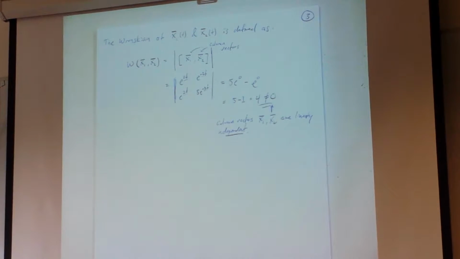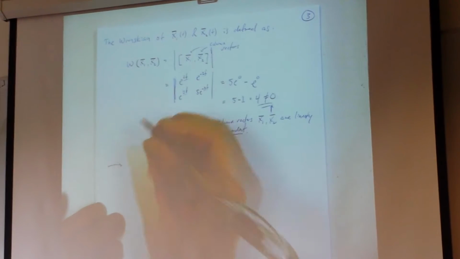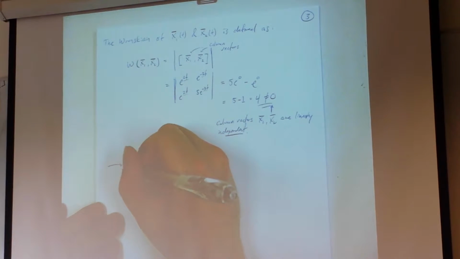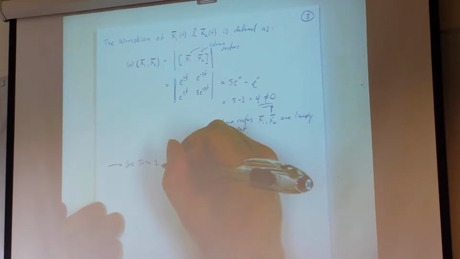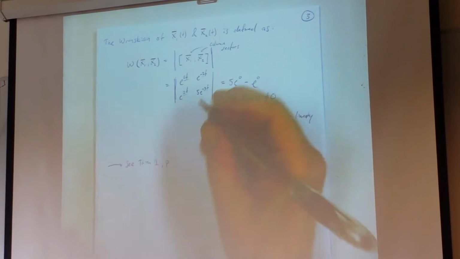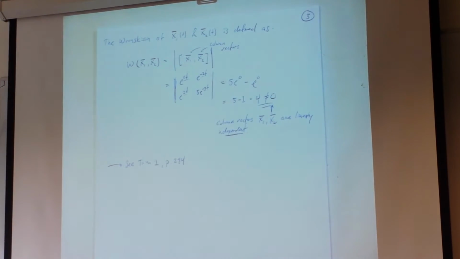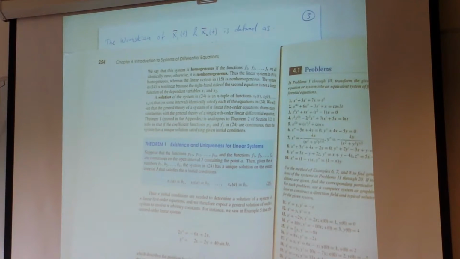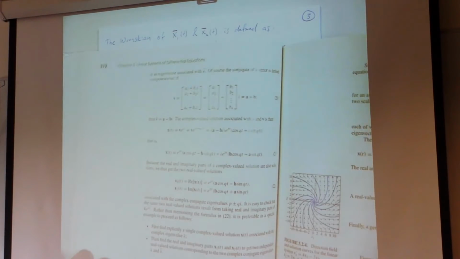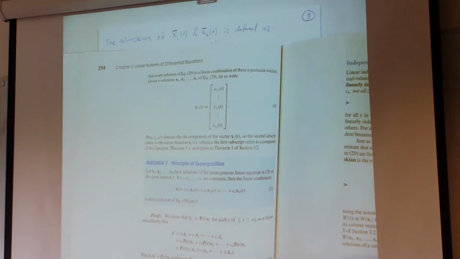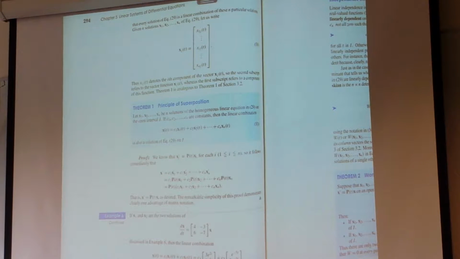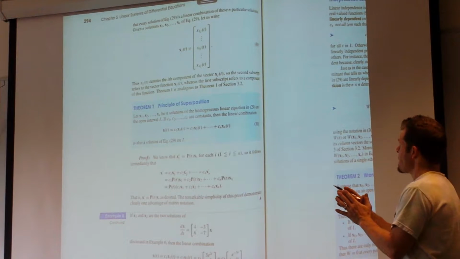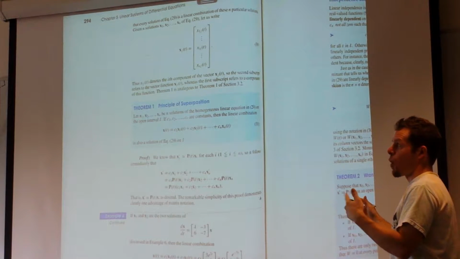But one thing I want to point out to you is, take a look, and let's open this up, see theorem 1, page 2, is that 94? Principle of superposition. That fancy word is what we call, if I have n solutions to a differential equation, then any linear combination of those solutions is also a solution.